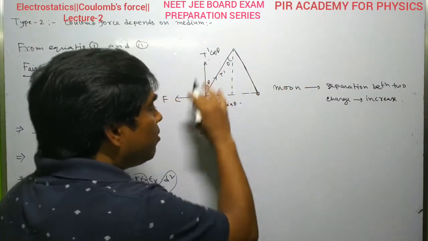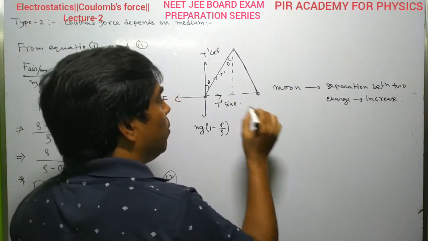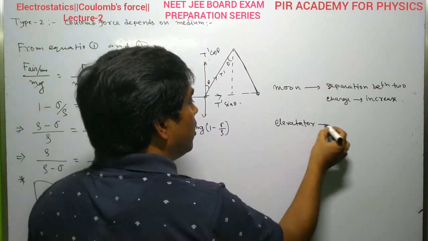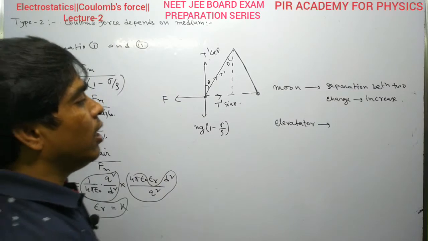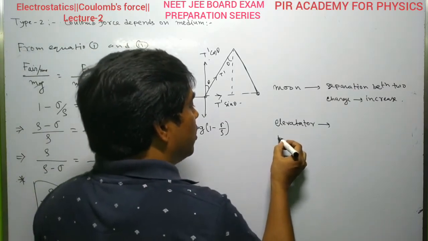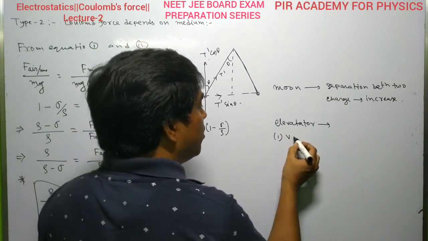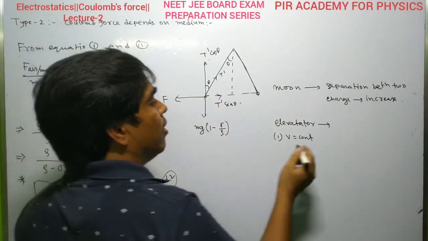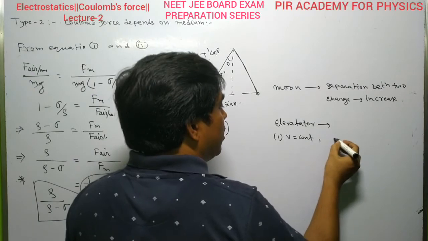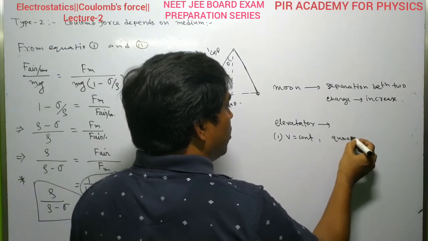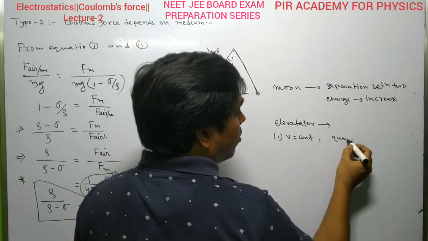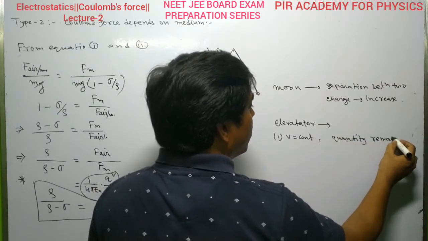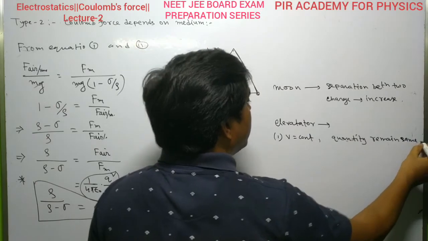If this system is placed in an elevator, then what happens? There are three conditions. One, if the elevator is moving with constant velocity, then all the quantities remain the same. There is no change.